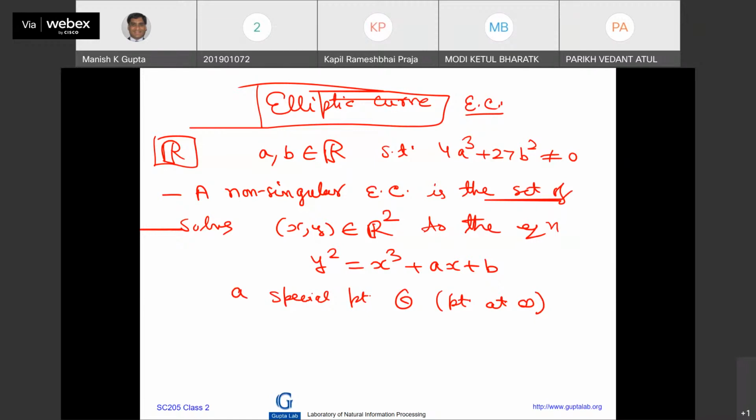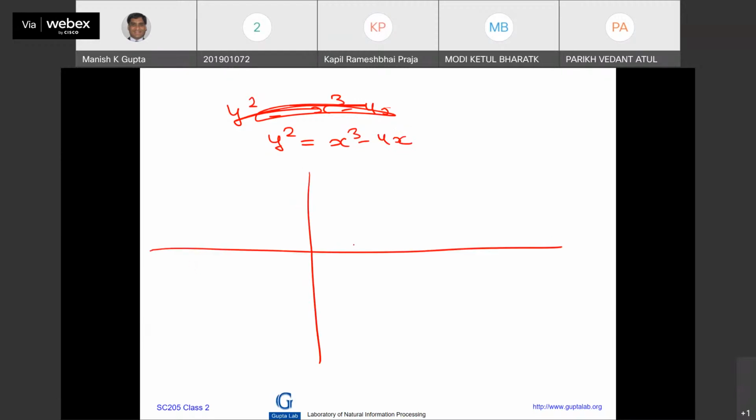The example is y squared equals x cubed minus 4x. Marking 1, 2, 3, 4, minus 1, minus 2, minus 3, minus 4, it is something like this.